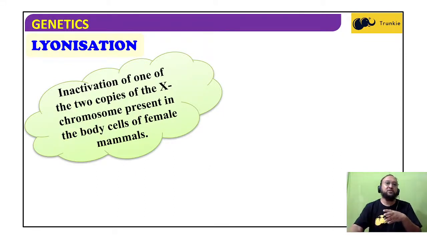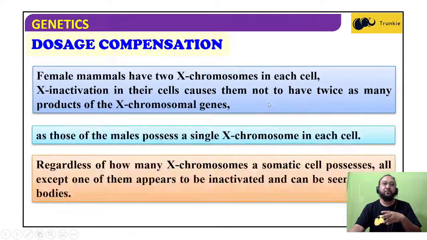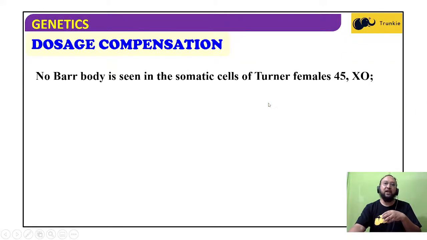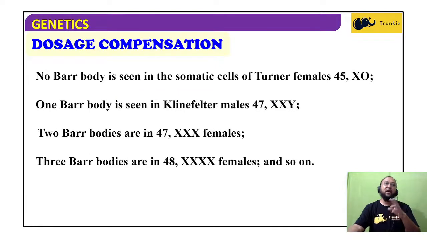After that we studied dosage compensation, and we came to know that, leaving one X chromosome, all other X chromosomes will be inactive. This has been observed in abnormal individuals like those with Turner syndrome or Klinefelter syndrome, and even in individuals with more than three X chromosomes, where all X chromosomes except one were inactivated.